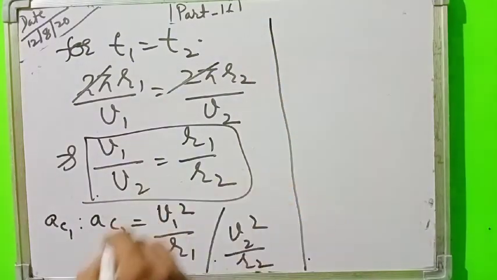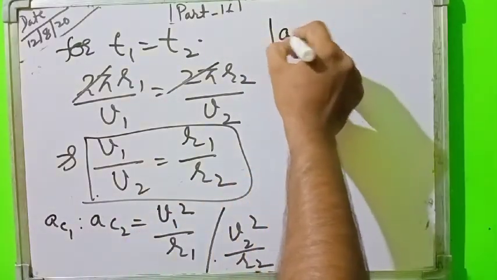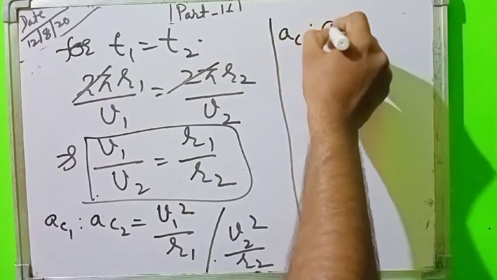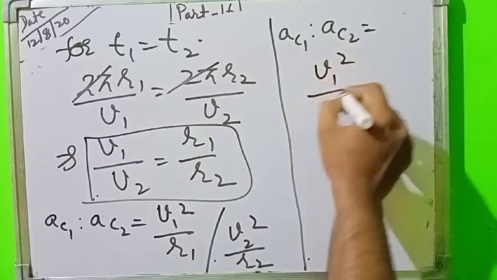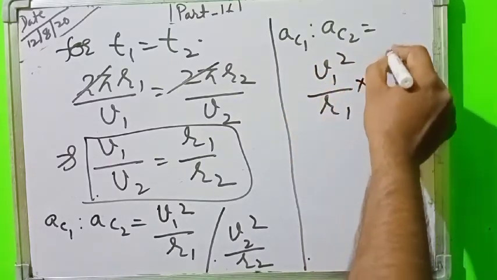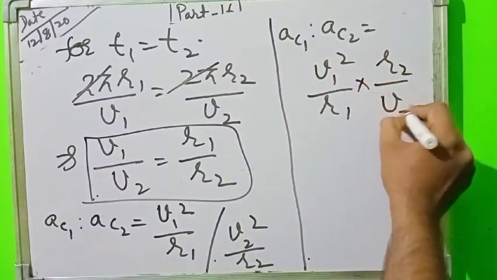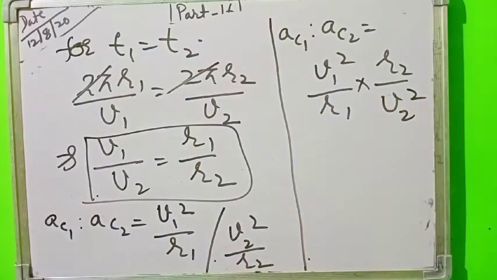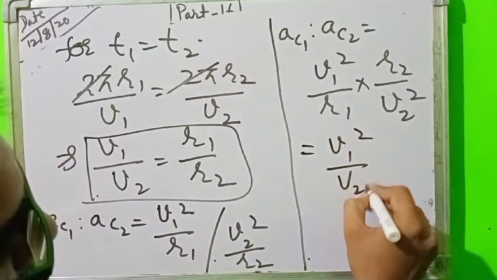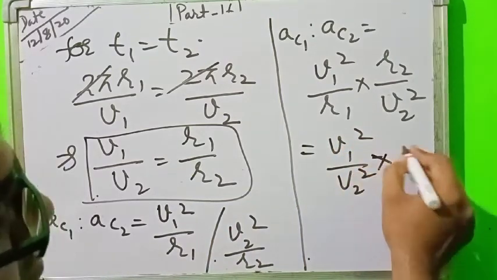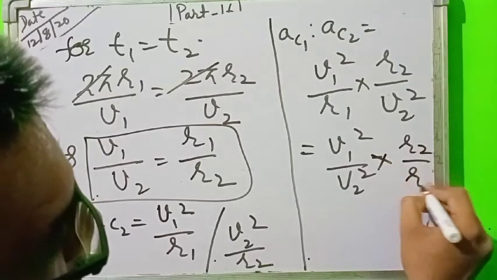It can be written as V1 square upon R1 into R2 upon V2 square, and from here V1 square upon V2 square into R2 upon R1.